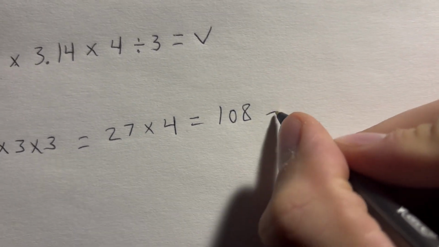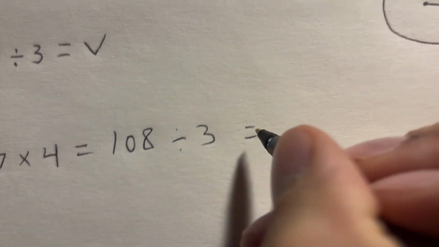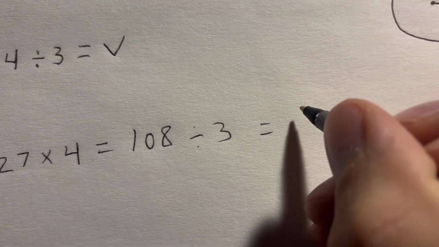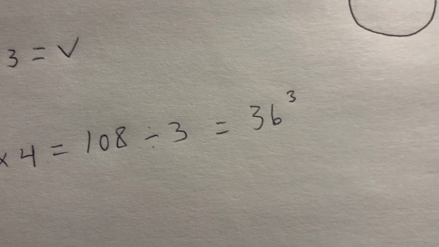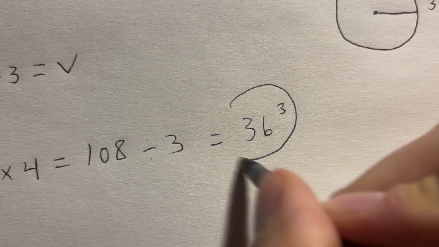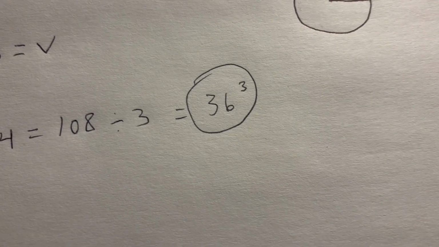So 108 divided by 3 equals 36 cubed. So that is the volume of a sphere with a radius of 3 inches.